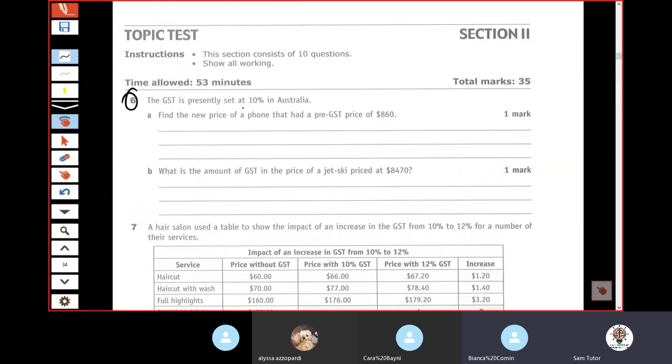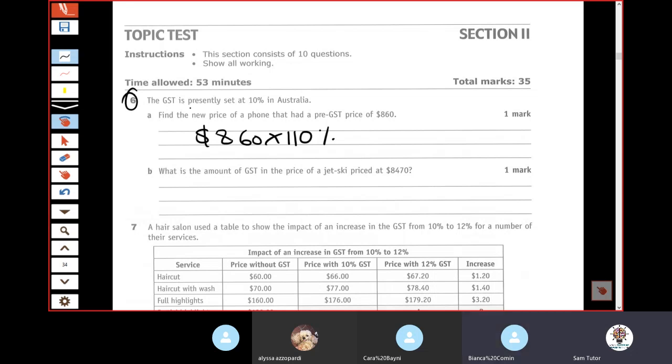The GST is presently set at 10% in Australia. Find the new price of a phone that had a pre-GST price of $860. Do we remember what we do? You've got to add GST of 10%. What do you do? Times it by 110%.